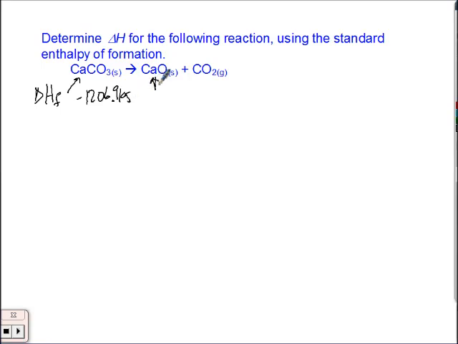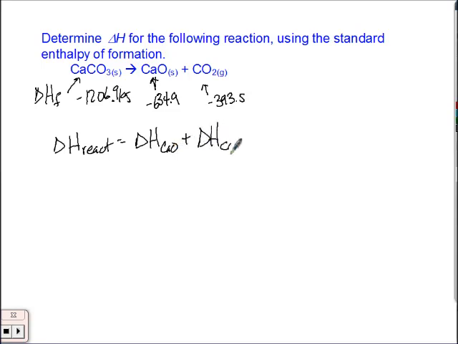This one, delta H of CaO, is negative 634.9 kilojoules. And the CO2 is negative 393.5. So I've looked those up, and I want to find delta H of the reaction. It is delta H of the products, so CaO, plus delta H of CO2.